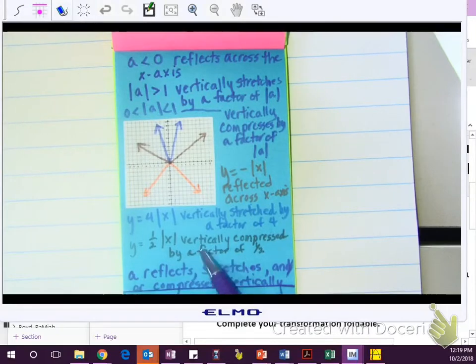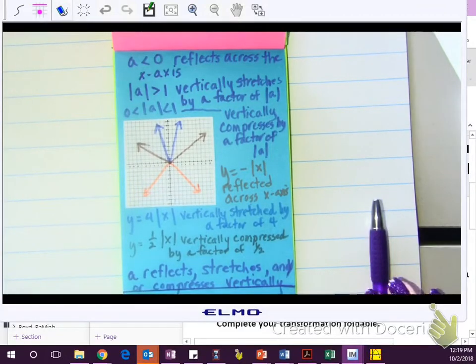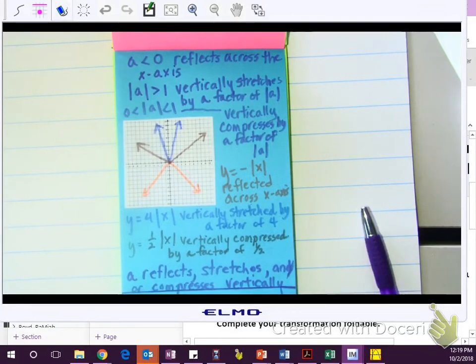It's vertically compressed by a factor of 1/2. So the A value reflects, stretches, and/or compresses. It might reflect and stretch, or reflect and compress, or just stretch, or just reflect, or just compress. Vertically. So the A value is vertical.